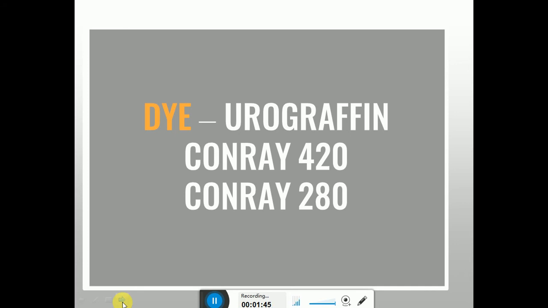The dye which is injected here is Urografin or Conray 420, Conray 280. All of these dyes contain iodine compounds, so that they are selectively excreted by the kidney.